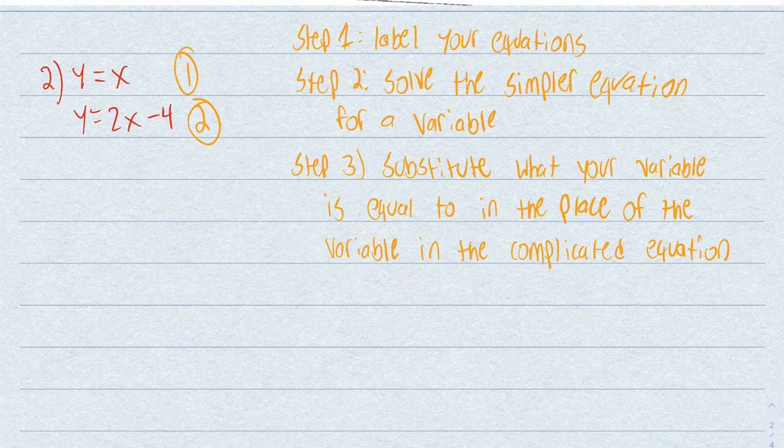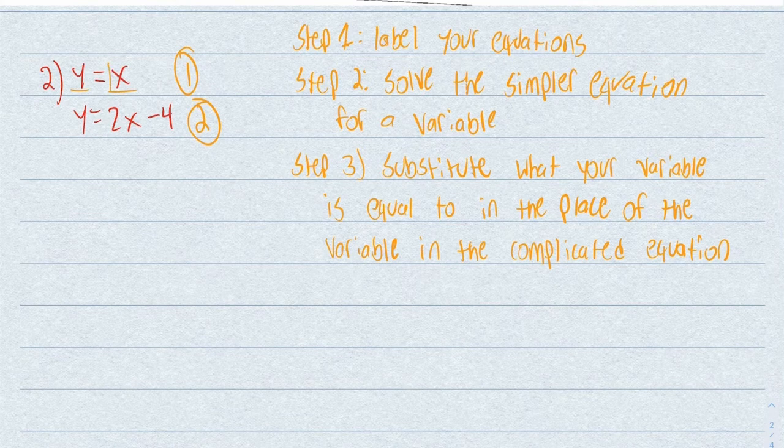Step 3 is going to be substitute what your variable is equal to in the place of the variable in the complicated equation. When I say that, I mean this second equation is more complicated than the first one. So we are going to take y, and y is equal to x.